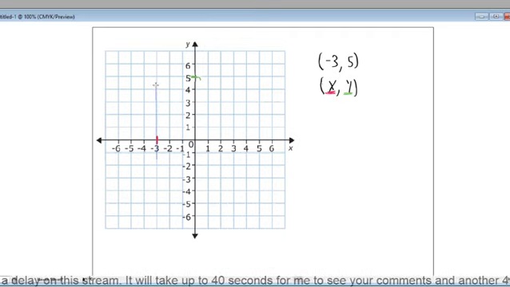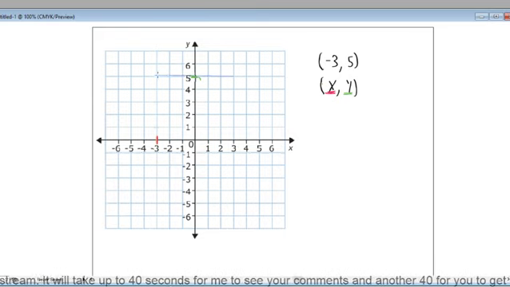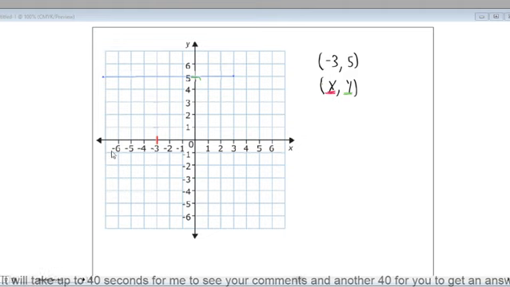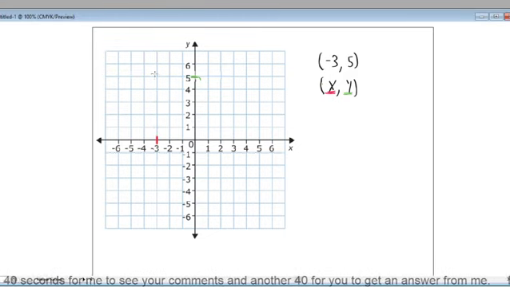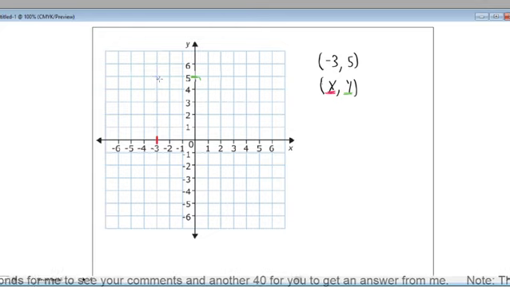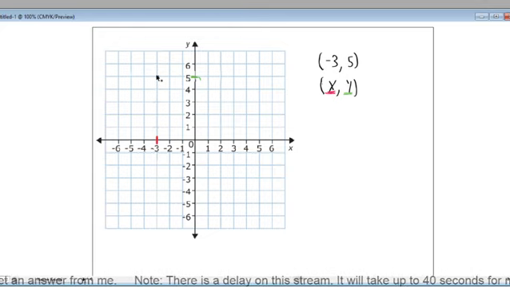This one is going that way, and this one is going that way. So they intersect at a point right here. This is where both of them are. This is where x is -3 and y is +5.